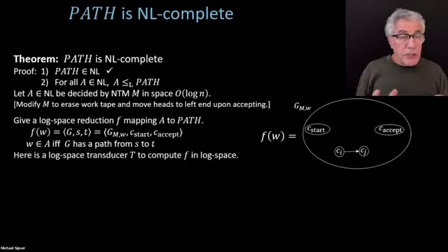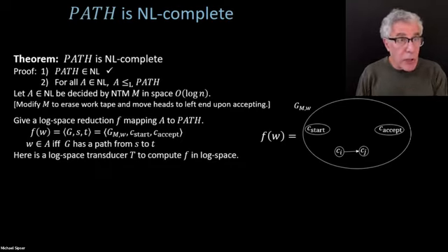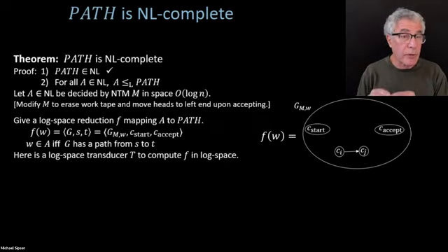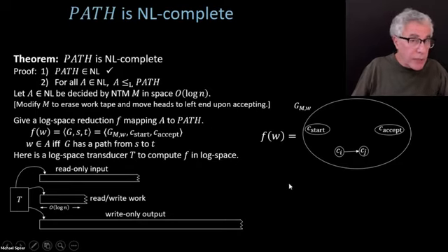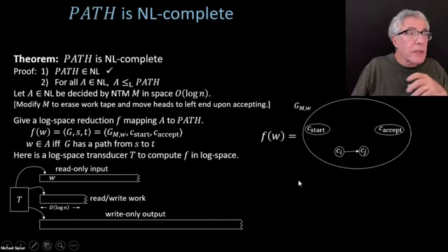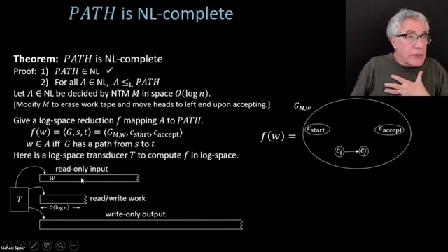Now, what's left is to show that we can do this conversion with a log space transducer, so that it's a log space computable reduction. Let's just try to go through that quickly. Conceptually, it's not super hard. Okay, so here's our transducer.